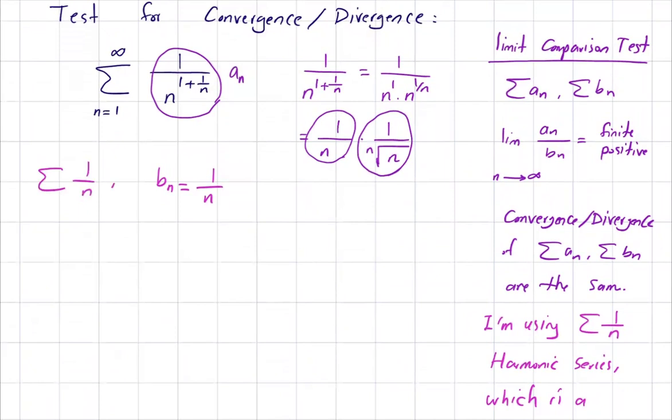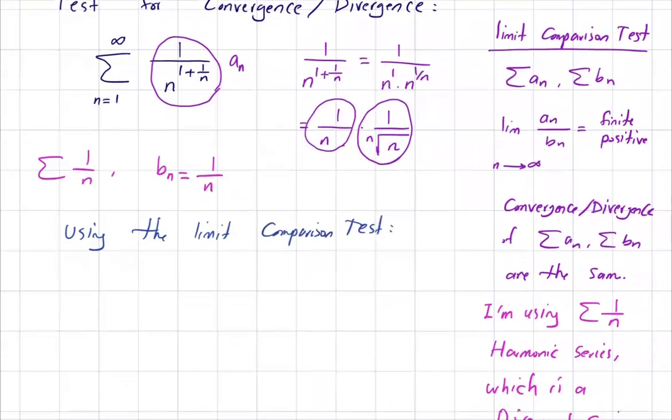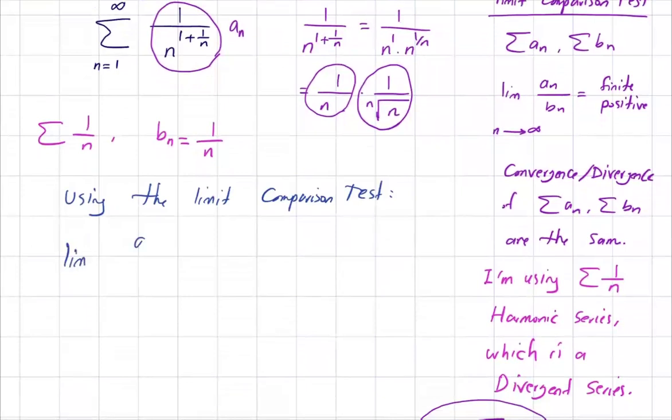So let us take a limit using the limit comparison test. The limit of an divided by bn as n goes to infinity. Let me use the same color that you see up there.